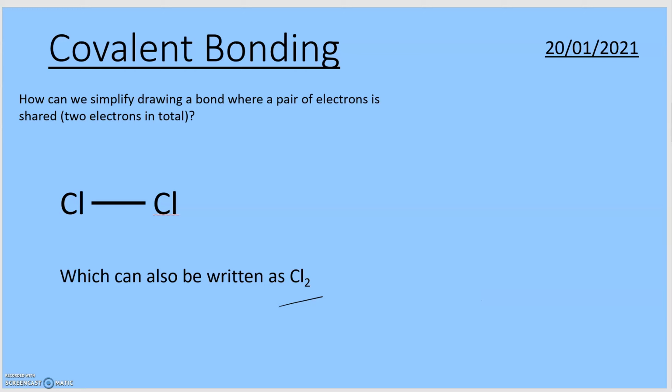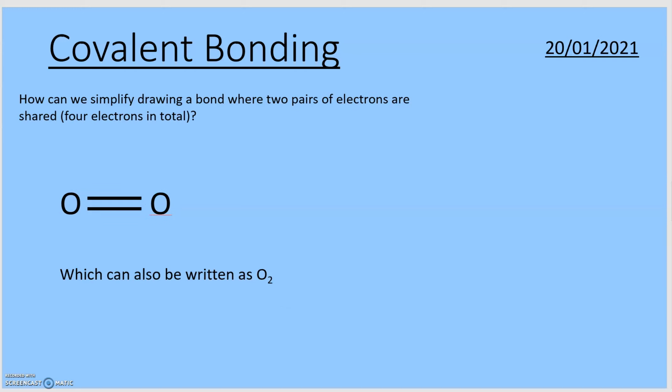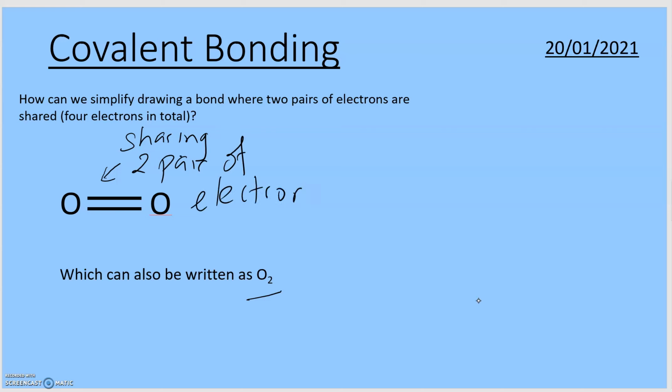So if you were to look at some other example where we have a double bond, oxygen is written as O2, and the reason being this time we have got 2 lines. That means we are sharing 2 pairs of electrons. And how do we know we're sharing 2 pairs of electrons? Because oxygen has got 6 electrons in the outer shell.